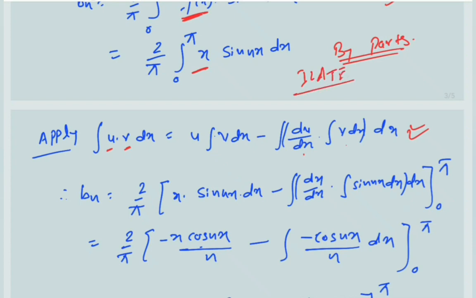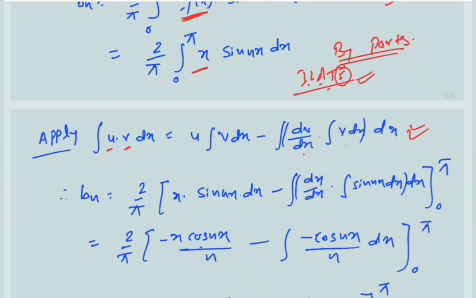You should first take the inverse function, so the first function is selected according to this rule: first inverse, then logarithm, then algebraic, then trigonometric, then exponential. So the exponential function is taken last.